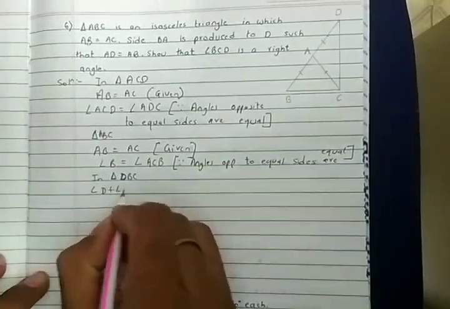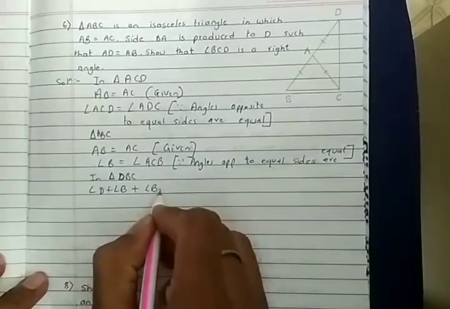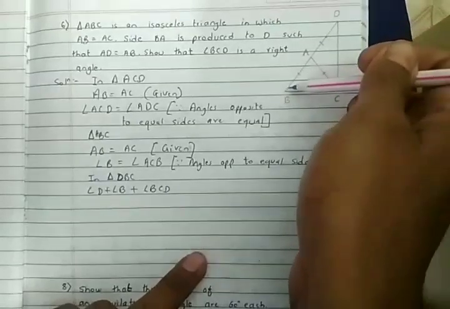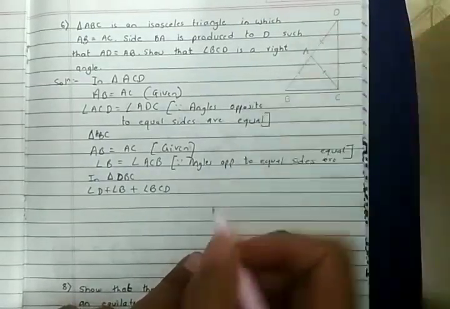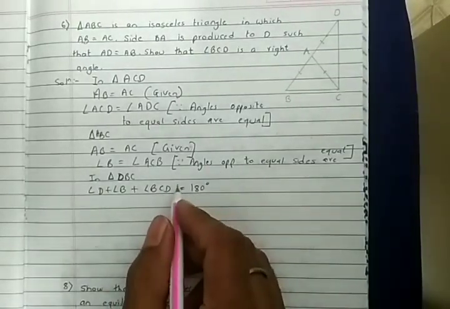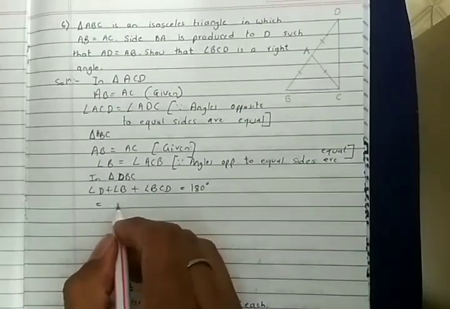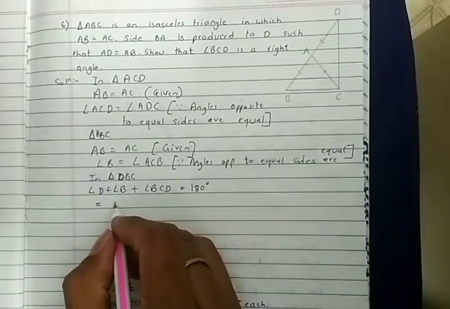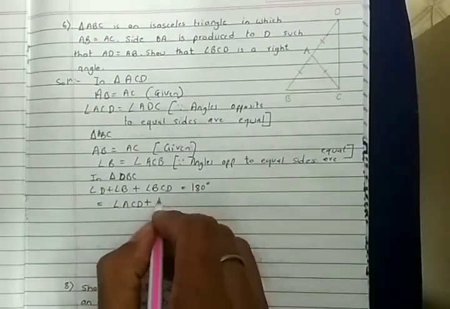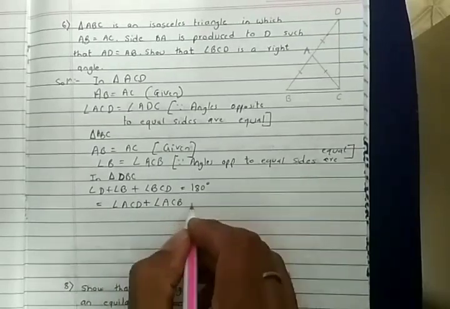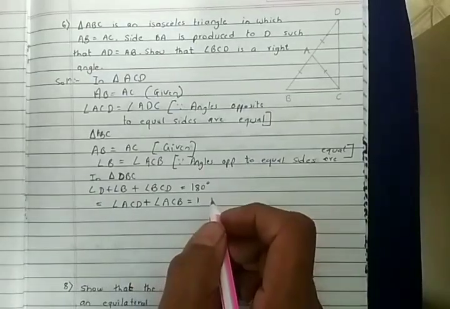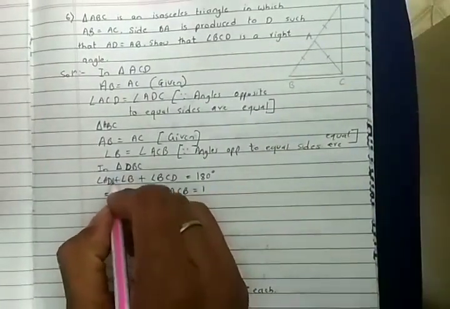Now in triangle DBC, angle D plus angle B plus angle BCD, right? Angle D and angle B and angle BCD, if you add all these three, the sum will be equal to 180 degrees, right? Now instead of angle D, we can write angle ACD plus angle ACB equal to, here will come ADC, right?